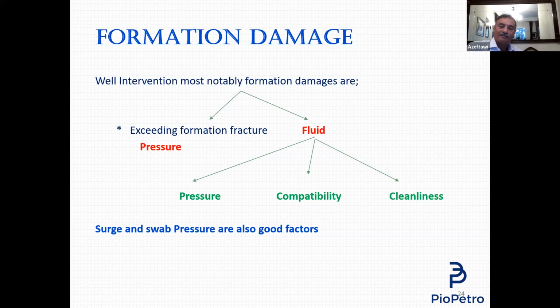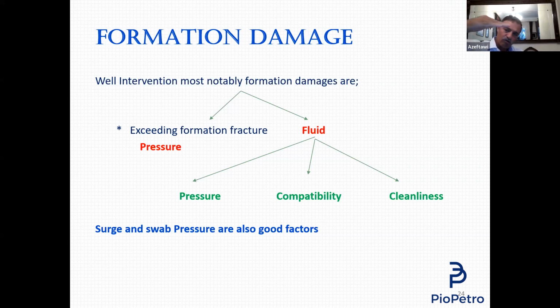When you run in the hole, slowly. When you pull out of the hole, slowly. When you pressure test, slowly and in stages. And when you pressure test to 5,000 psi, you should not go from 0 to 5,000 immediately.